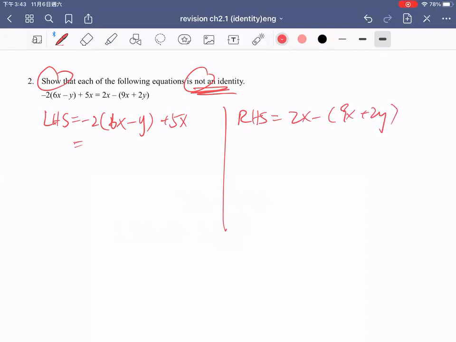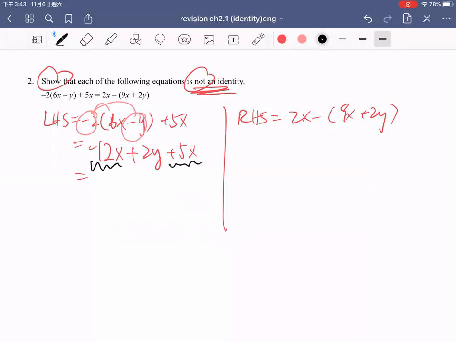And expand again. Remember this time, negative, okay? And this is negative, okay? And we have negative 2 times 6x gives you negative 12x. Negative 2y times negative y gives you positive 2y. And remember, copy 5x. Then you can see we have 2 like terms, which is negative 12x and 5x.